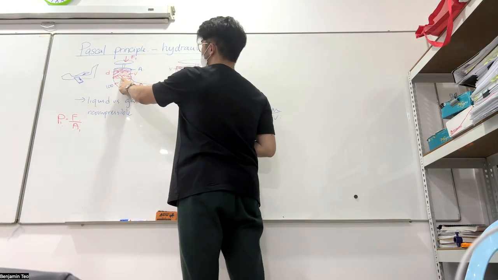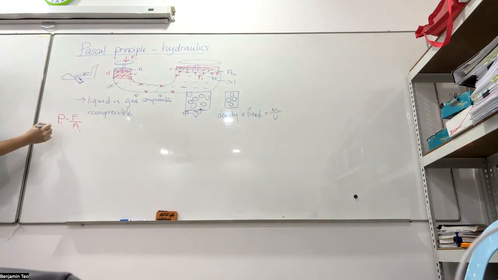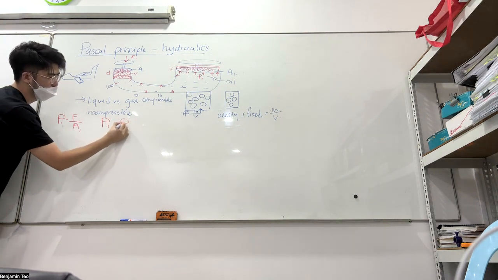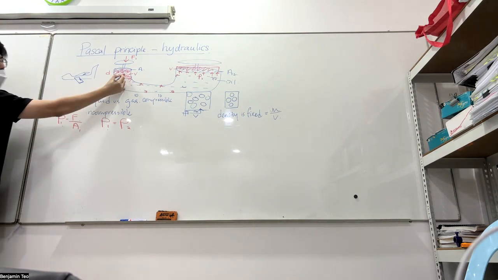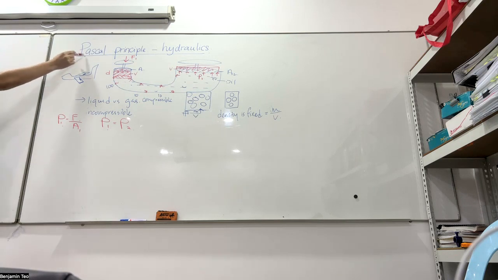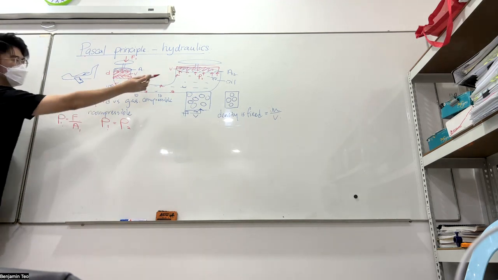Okay, so the pressure, same, right? So I will write P1 equals P2. Here and here the pressure is the same. Who says that? This Pascal guy says it. So he says that the pressure must be the same here and here if there are no air bubbles.